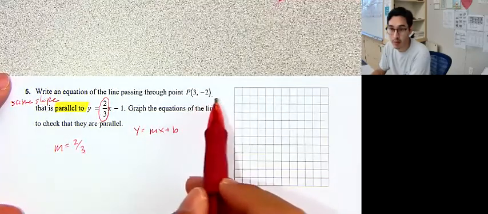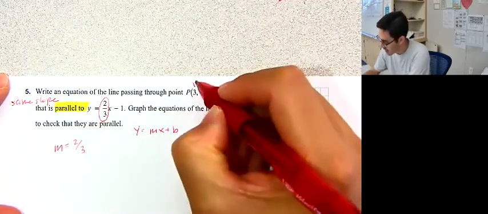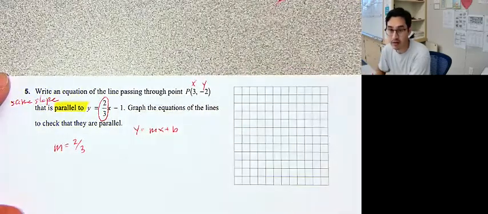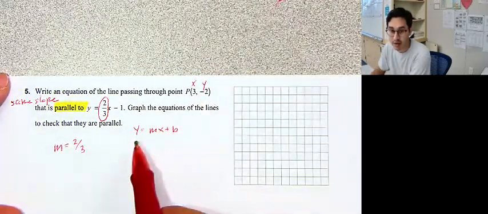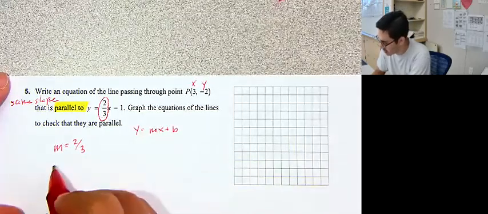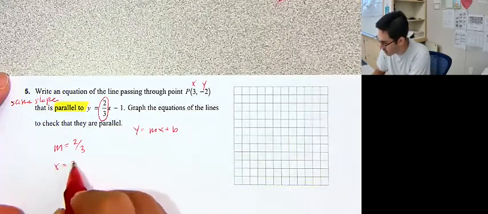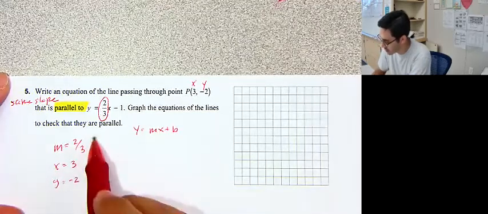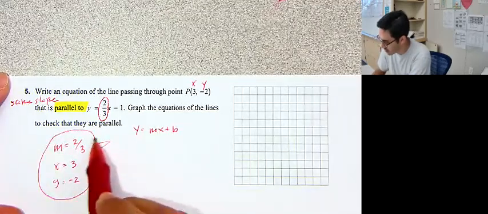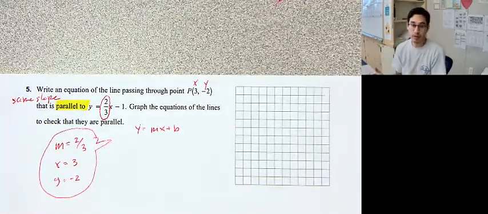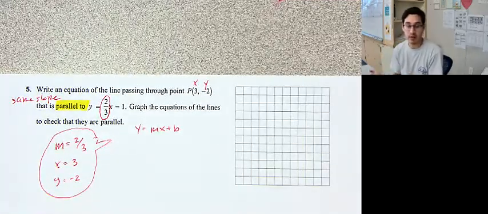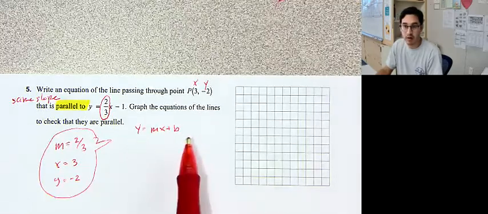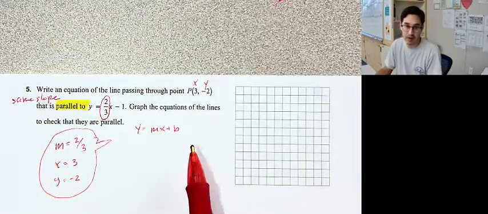We also know a point, so we have an x and a y value, and this point is going to be on our second line: an x value of 3 and a y value of -2. We can take those three values, the m value, the x value, the y value, substitute into our slope-intercept form, and use that to figure out the intercept of the line. That's the only thing that we don't know.